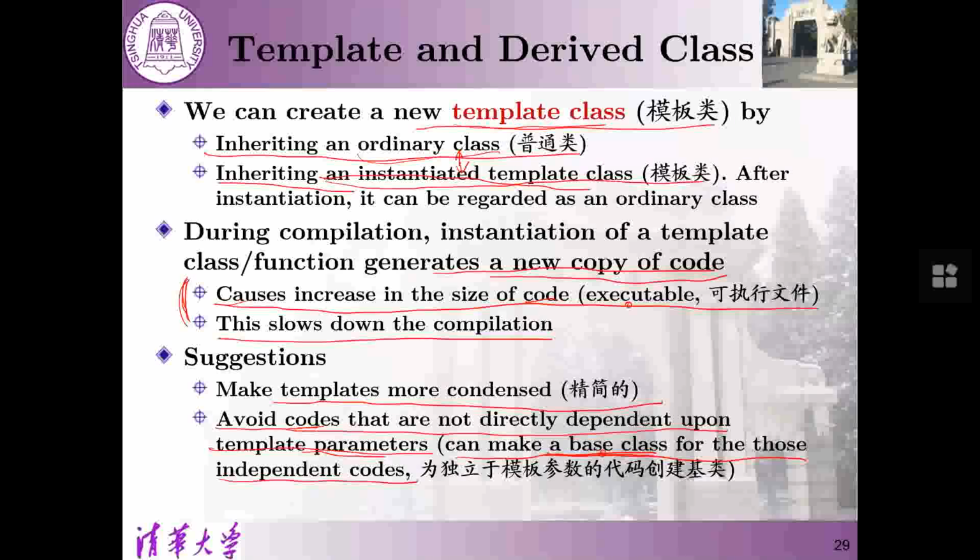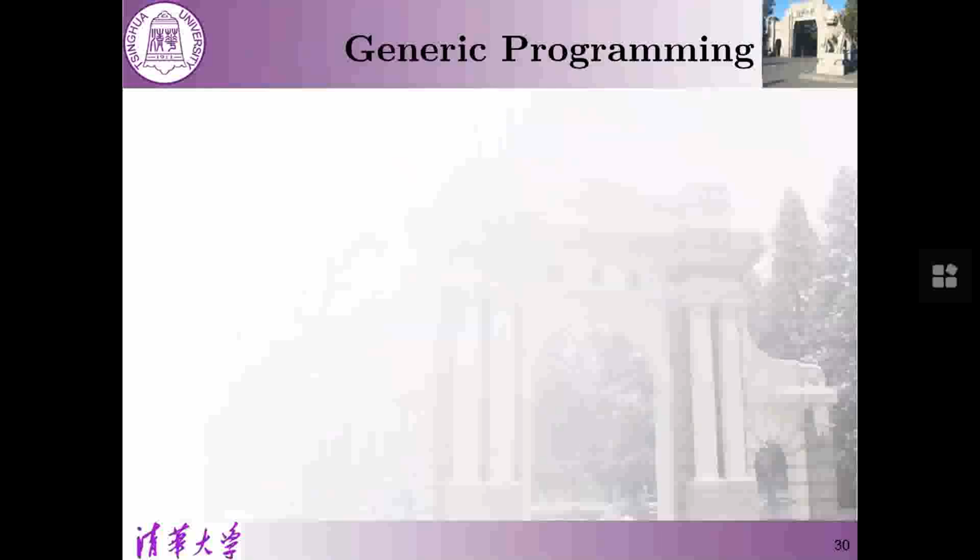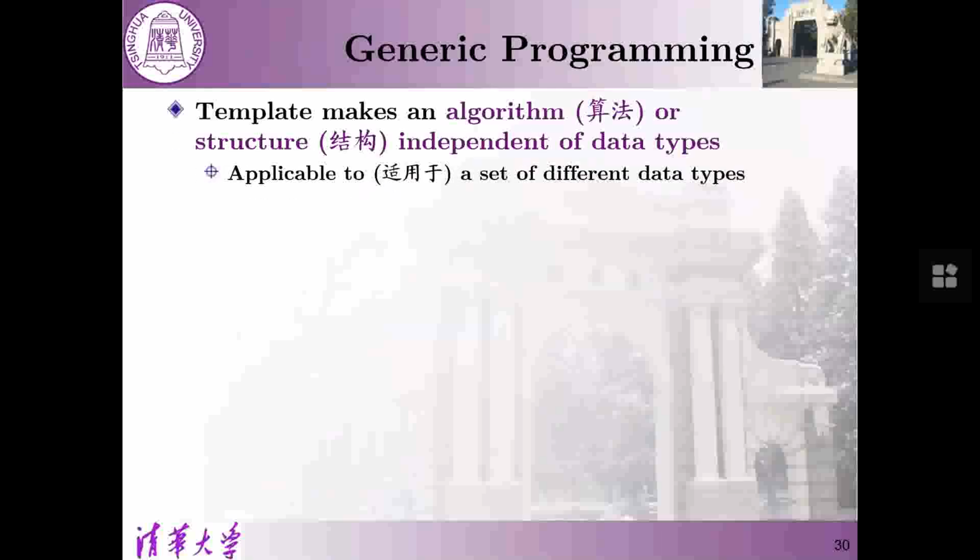Okay, so this is a template and derived class. Template makes an algorithm or a structure independent of data type. So by defining a template class and template function, we remove the data type.